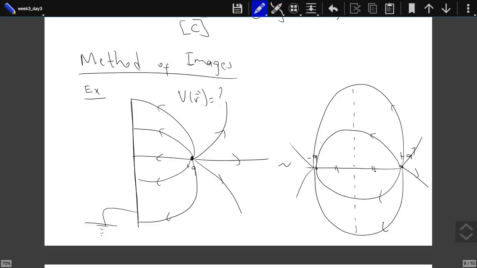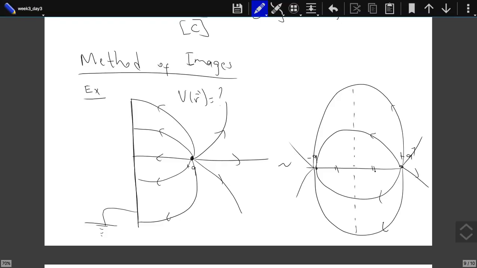Just like Gauss's law, it cannot really be applied in every circumstance, but if your problem has some kind of symmetry, then you can apply it. In the book you will also be discussing a charge in front of a conducting sphere. The sphere is quite a symmetrical object, so you can use the method of images there. There is also an example with two conducting planes at suitable angles.